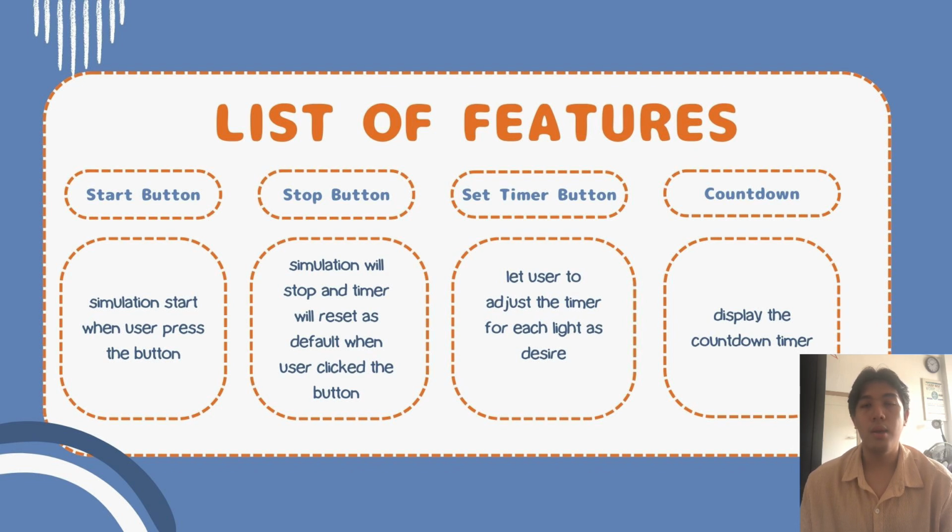Then we have a stop button, where when the user clicks the stop button, the simulation will stop and the timer will reset to default. And then we have a set timer button, where the user can customize their own time for each light.